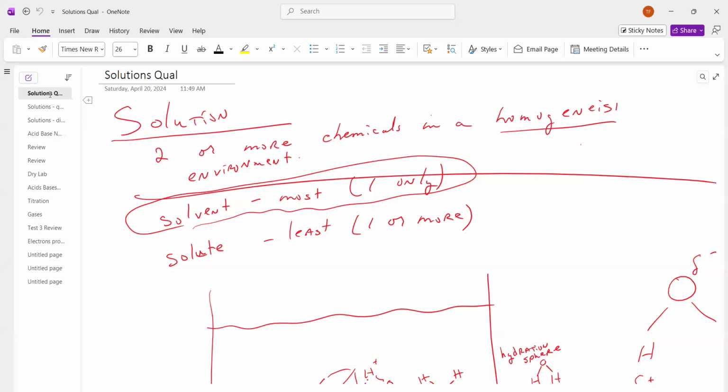That means you can't tell the difference between the copper and the gold, or between the sugar and the water, or, as an example in here, the air we breathe is a solution. It's got two or more chemicals in a homogeneous environment. You can't tell the nitrogen from the oxygen. So it's a solution too.